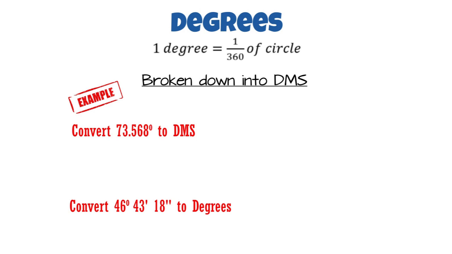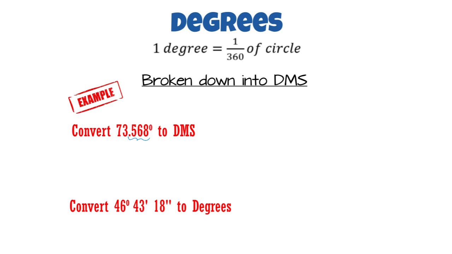So what I need to do is take the 0.568 value and multiply it by 60. In my calculator, I've got mine handy, I hope you do too, 0.568 times 60, and I get 34.08.